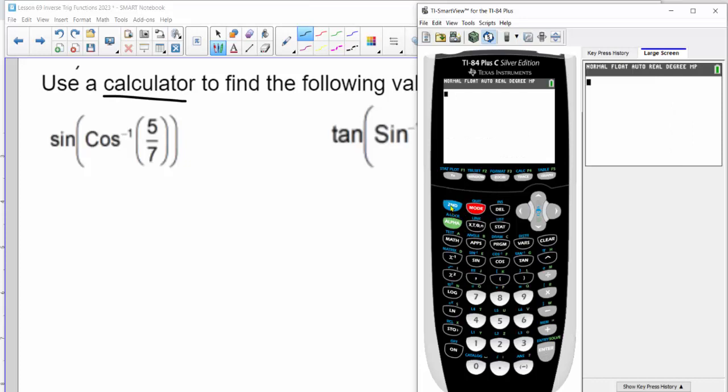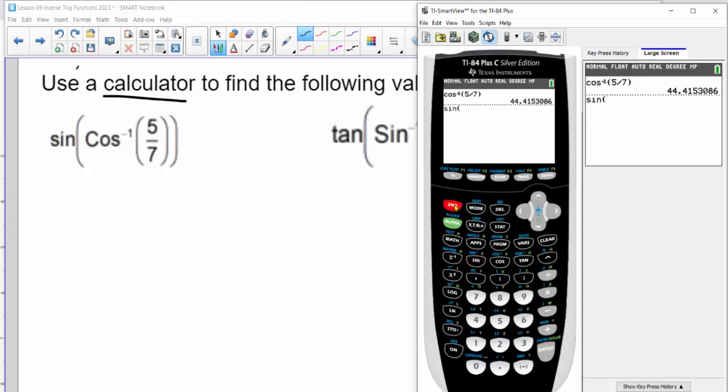So now what we want to do is find the inverse cosine. So second cosine, this is just like in geometry, 5/7, and it'll spit out an answer, which is about 44.4 degrees. And then we're going to find the sine of that.